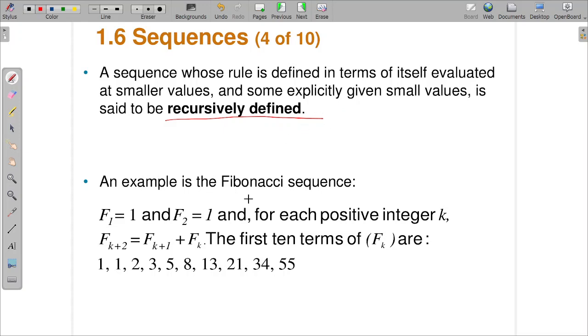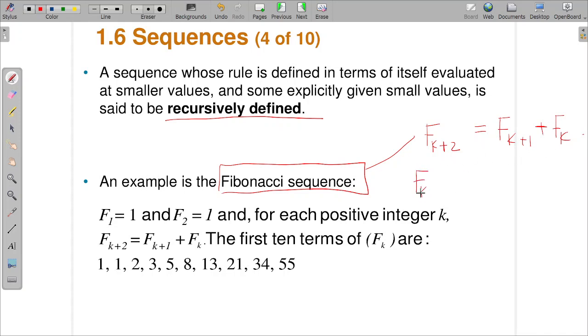An example of such a sequence is the Fibonacci sequence. This Fibonacci sequence is defined by this. Okay, this is the Fibonacci sequence, or you can write it this way also.